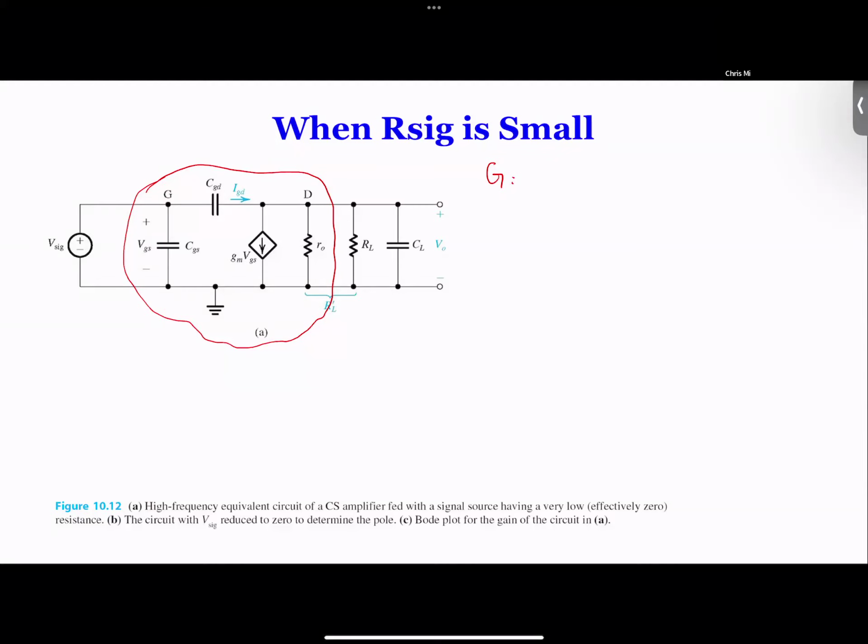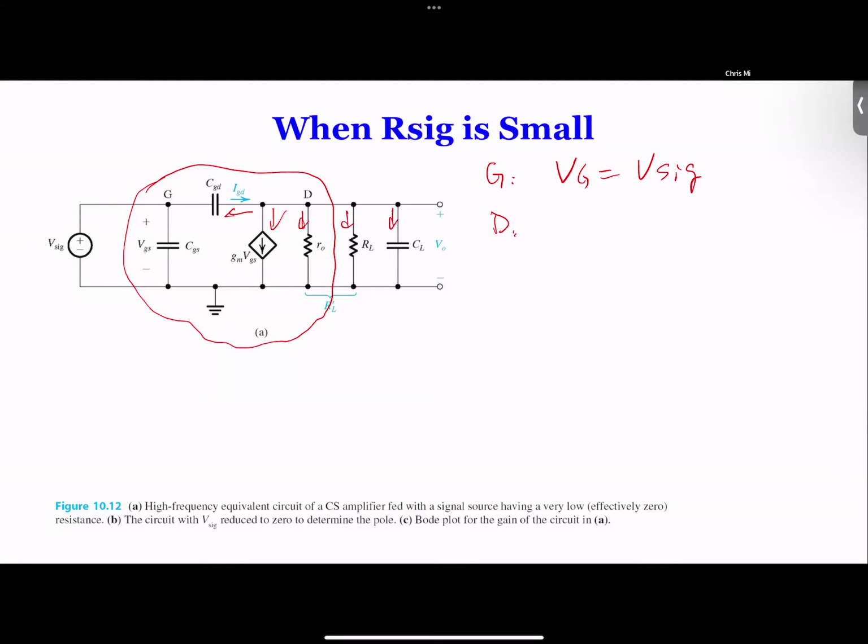So then what do we know? Well, that nodal equation becomes so simple: VG is equal to VSIG. And that's what you have. And then on the D node, we have 5 components: CGD, CGS, RO, RL, CL, and GM times VGS. So what we do is write all the current flowing out so that we can write everything summarized to 0.